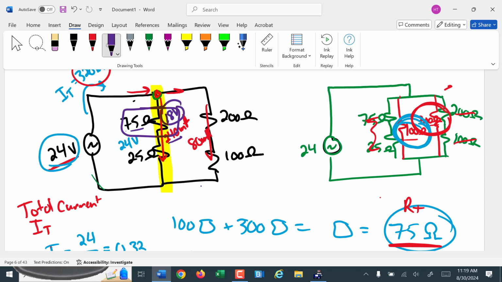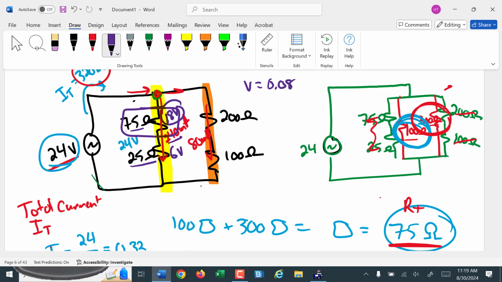Is that 18 volts? 18 volts there is that voltage drop. Now we know there's 24 volts across this whole branch, so the bottom one has to be 6 volts. We could do the 25 ohms times 240 milliamps is going to give us that 6 volts.